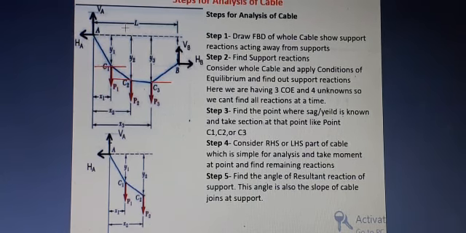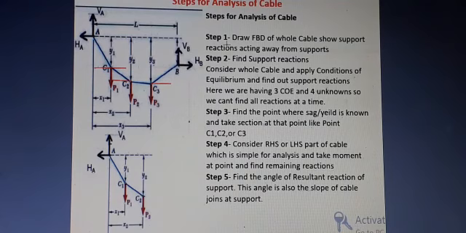Then to find the fourth support reaction, you have to cut the cable, consider any one portion of the cable, and find the fourth reaction. Same as step number 4, consider the right hand side or left hand side part of the cable and find the fourth support reaction.